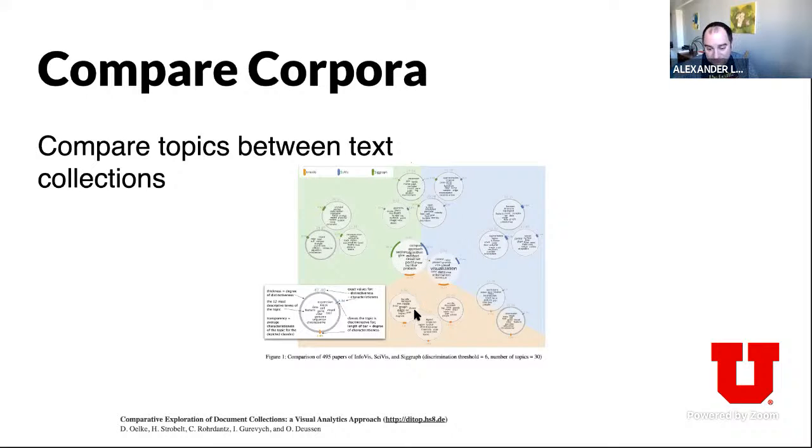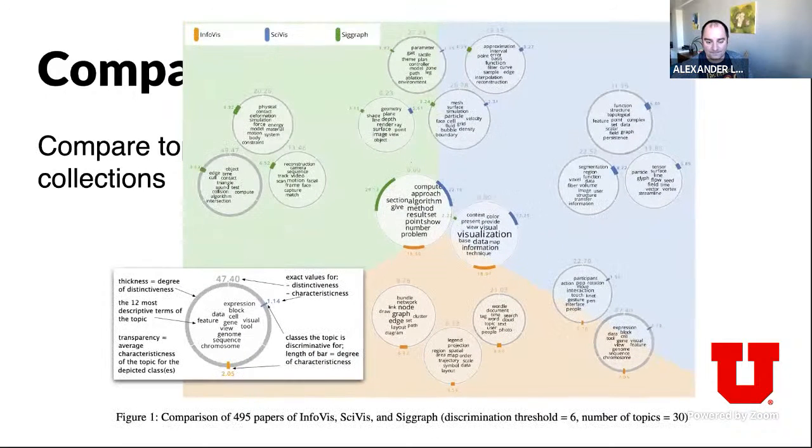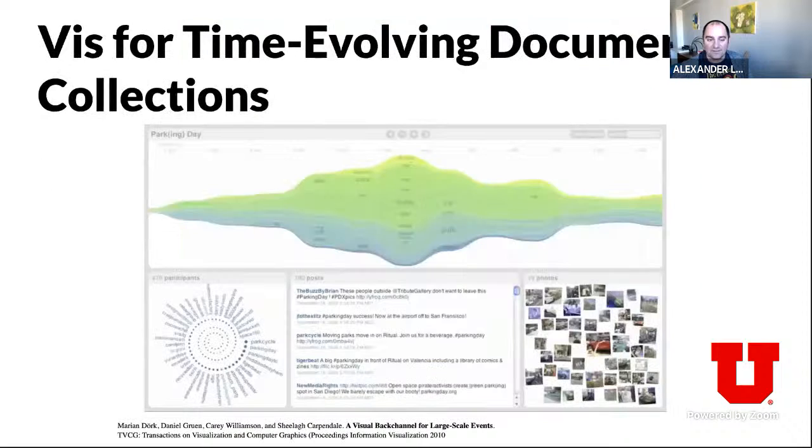So for example, graph edge is very specific to Infovis, whereas topological feature is very specific to SciVis, whereas reconstruction, camera, video, motion, deformation, simulation, force, and so on is fairly specific to SIGGRAPH. And so you get a sense of the different topics that appear in these corpora. I should have zoomed that in.